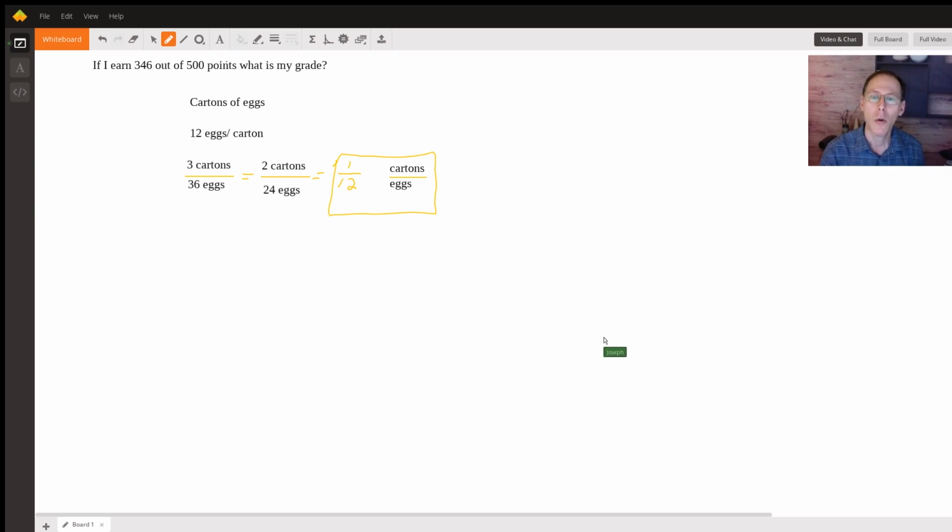So if we want to know the percent of points earned, we make 2 ratios of points: points earned to total points. So let's create a ratio then. We're always going to have points earned to total points.